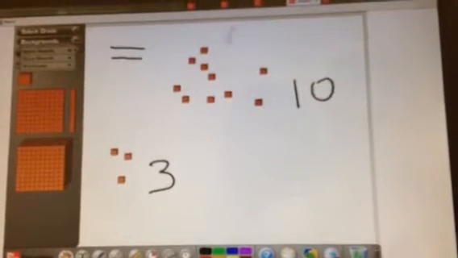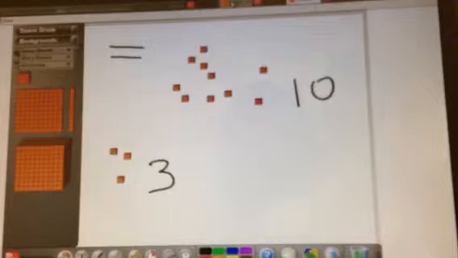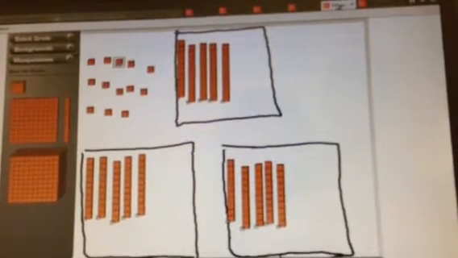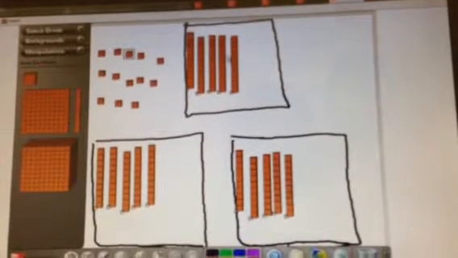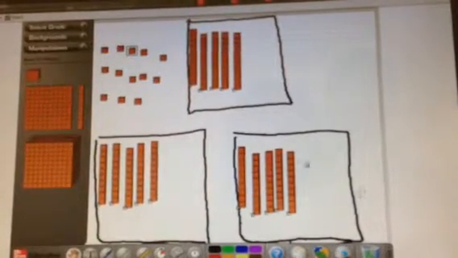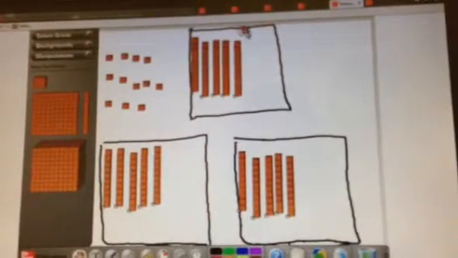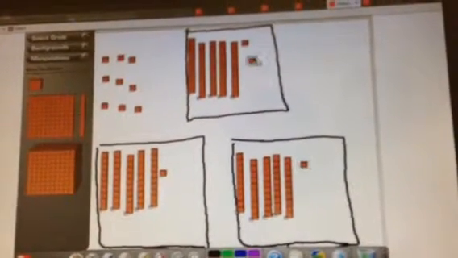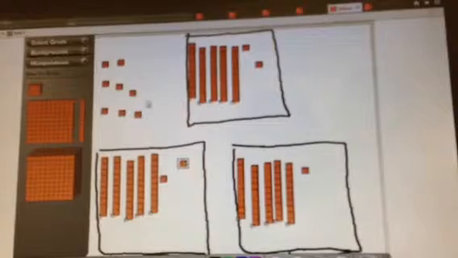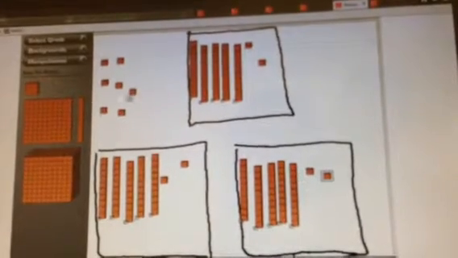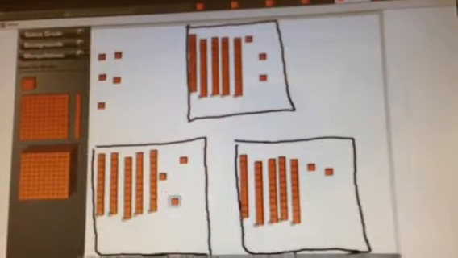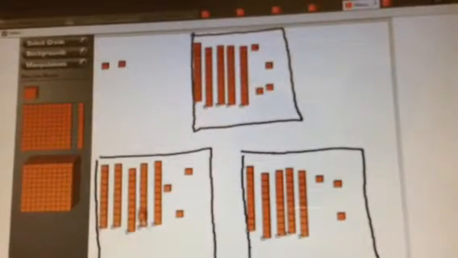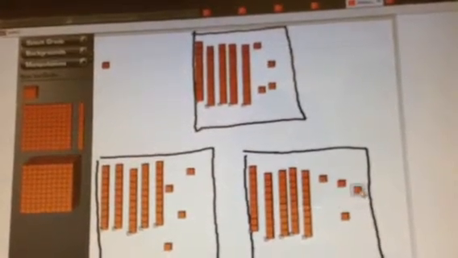Okay, so now we're going to split these 10 1 blocks into the 3 equal groups. So now I'll move these in. 1, 2, 3, 4, 5, 6, 7, 8, 9, 10, 11, 12.